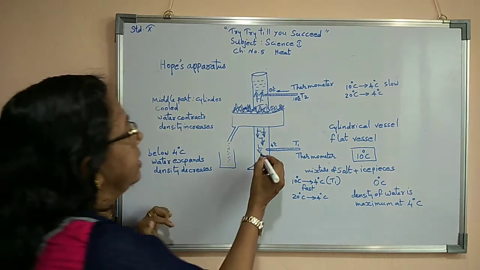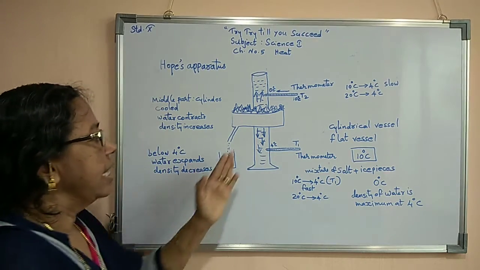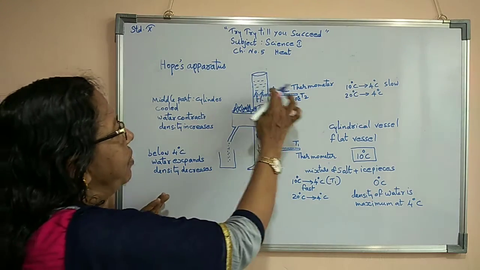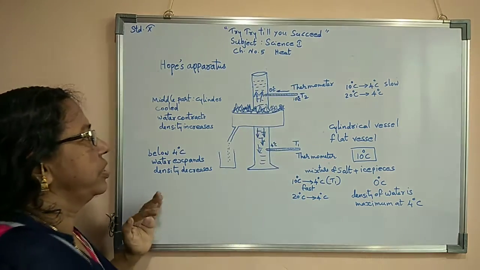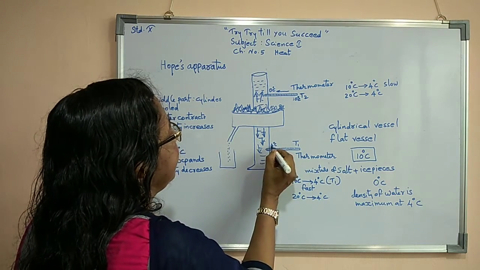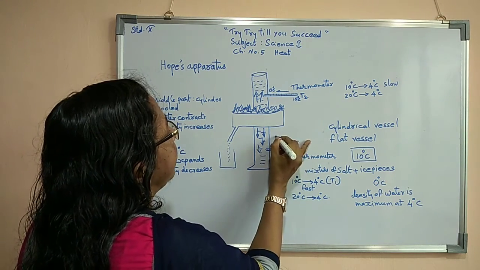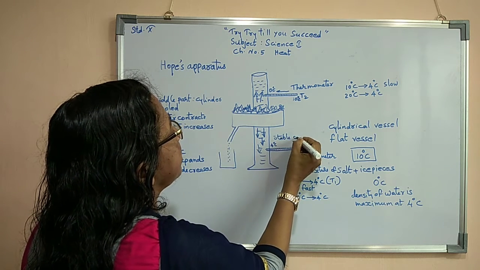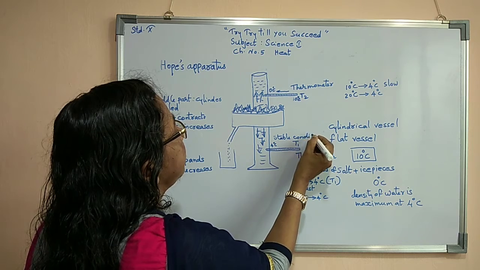When this upper thermometer shows 0 degrees Celsius, the lower part of the container shows 4 degrees Celsius, and for some time this temperature remains in a stable, fixed condition.